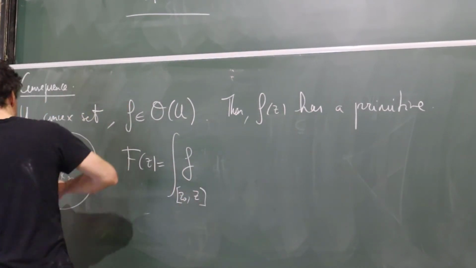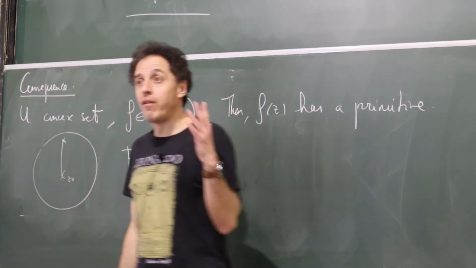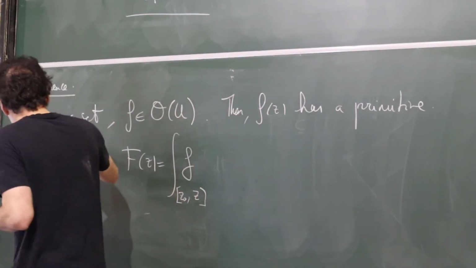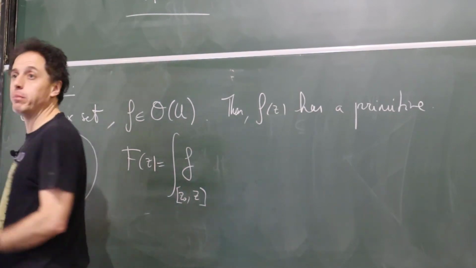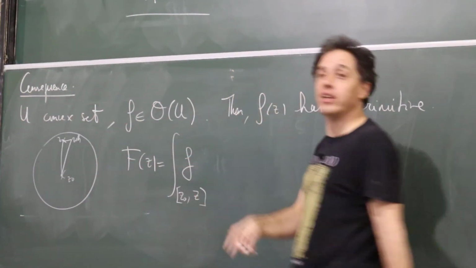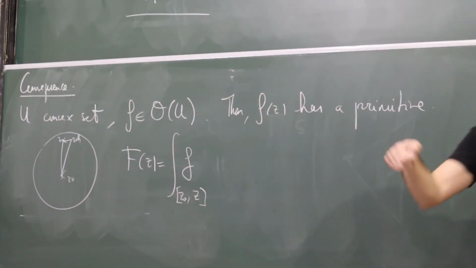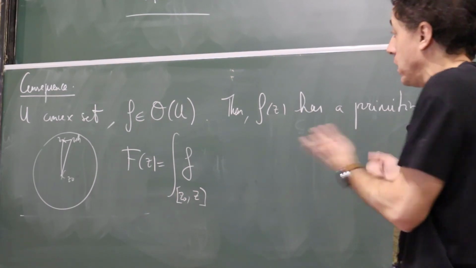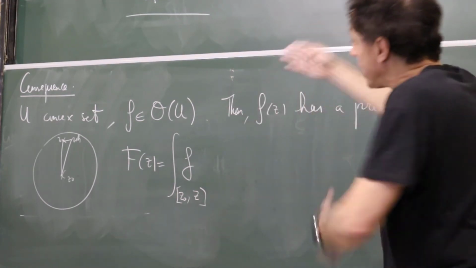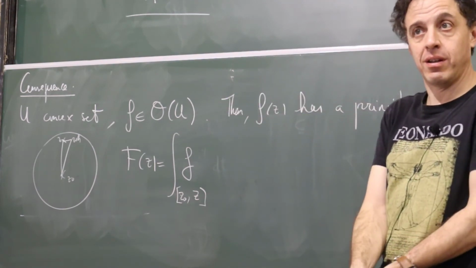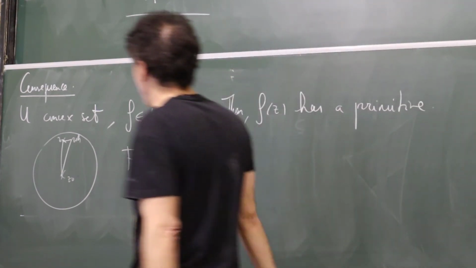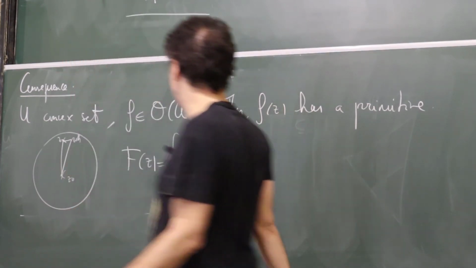So the only problem to have a primitive would be that the integral along some triangle here might not be 0. If this integral is 0, the construction of the primitive applies as in the real case, and by Goursat's theorem, this triangle is completely included in our convex set, and the integral is 0.